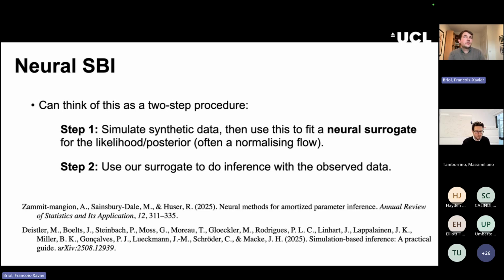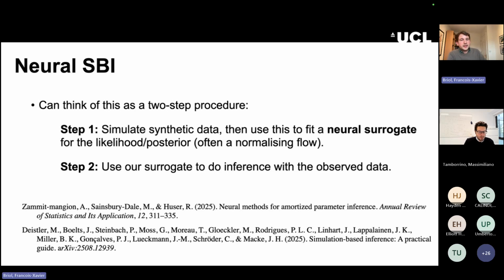The advantage is that you've spent all this time training a good surrogate, and now you can do Bayes, because you didn't have your likelihood before, but now you've got a surrogate for it. So you can approximate the posterior with standard techniques like MCMC or variational inference, or whatever your favorite technique is.